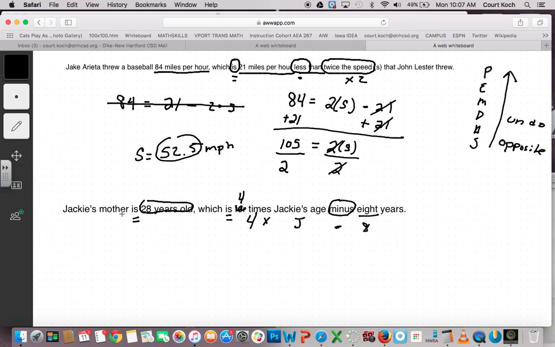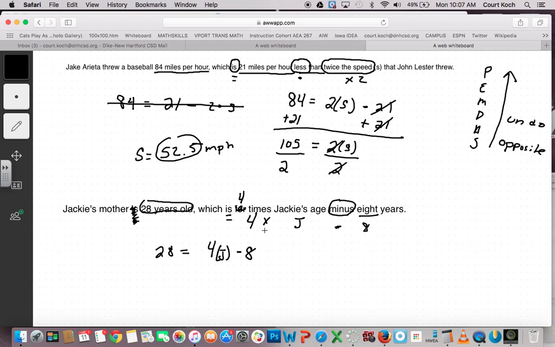Well, problem signs don't start with an equal sign, so I'm going to ignore this one. But I'm going to say 28 can come first, is 4 times J. So 4 times J, put that in parentheses, minus 8.